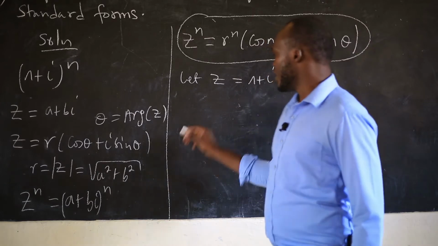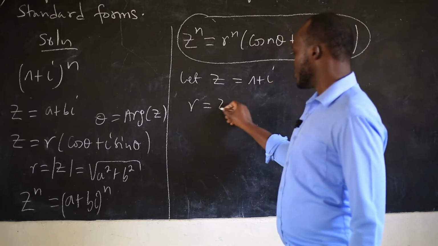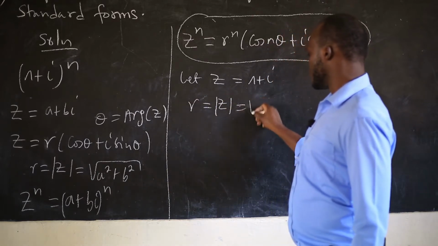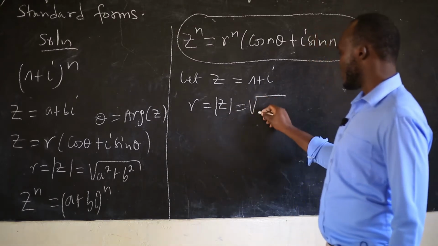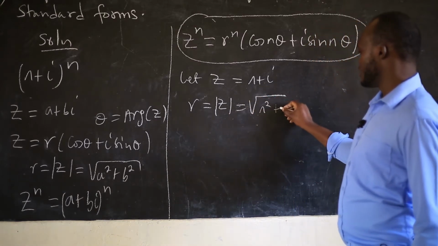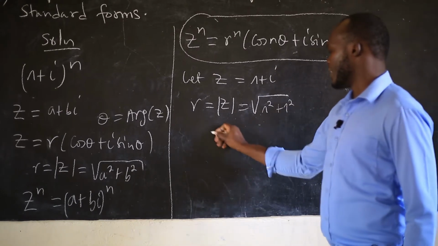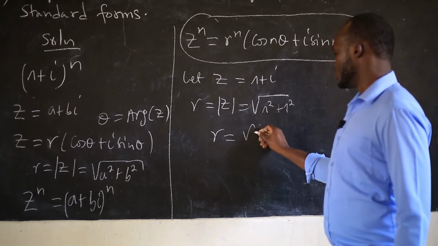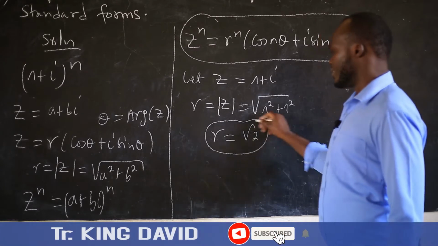From this formula, r, the modulus of z, is the square root of a squared, that is 1 squared, plus the coefficient of i squared, which is 1 squared. So finally r is root 2. That's the modulus of z only.